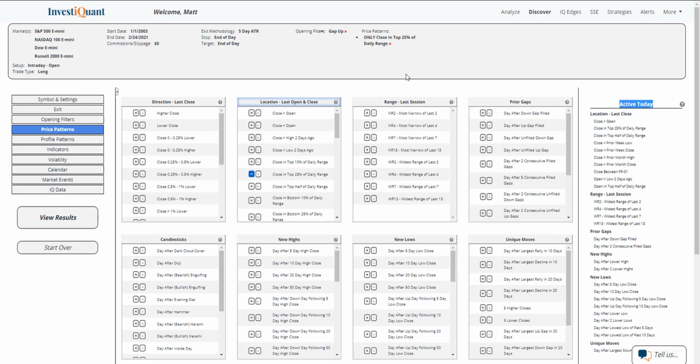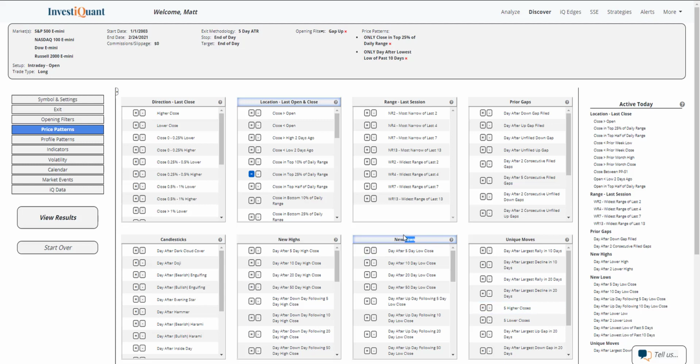Next, I'm going to add a little bit of price pattern context around the low that was made. Yesterday we made a 10-day low. So I'm going to go into the active today section, and near the very bottom, we've got the new lows section, and I'm going to go to this very bottom option of the new lows section. I'm going to click day after lowest low of the past 10 days.